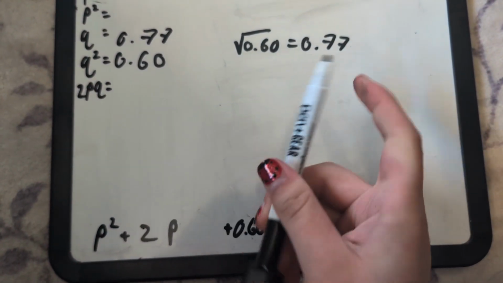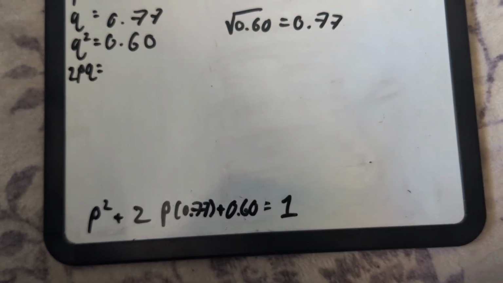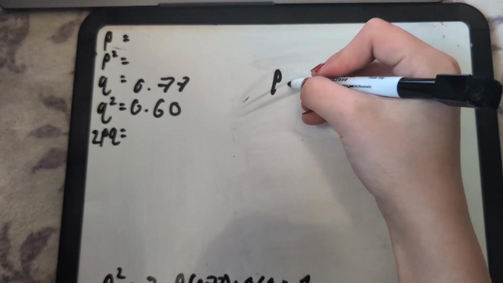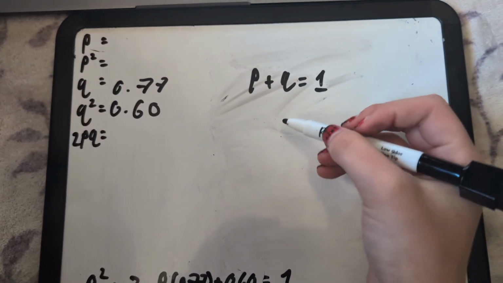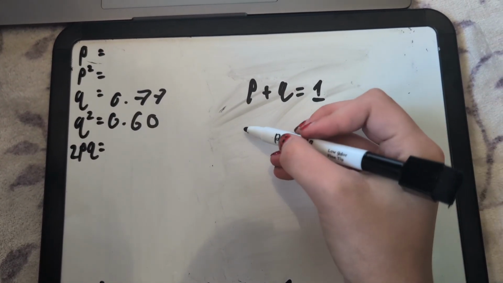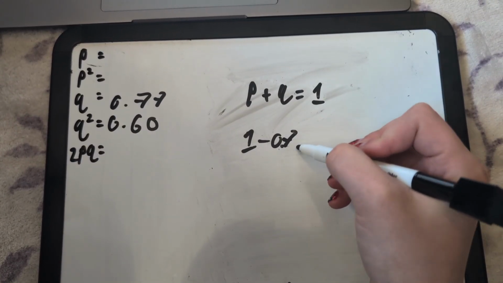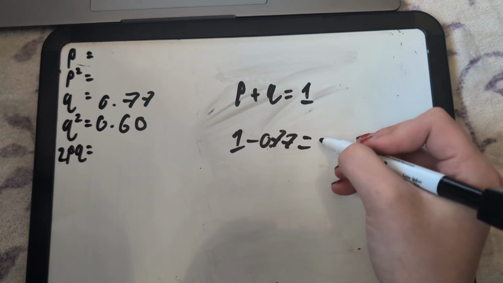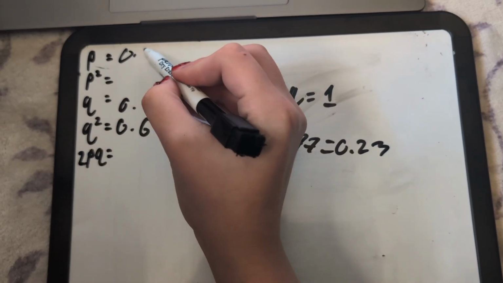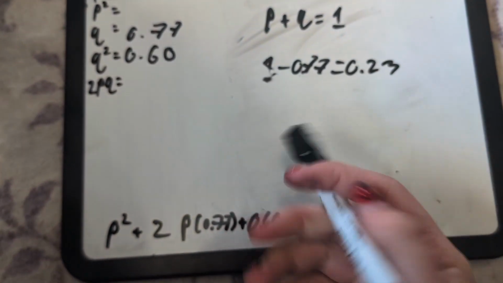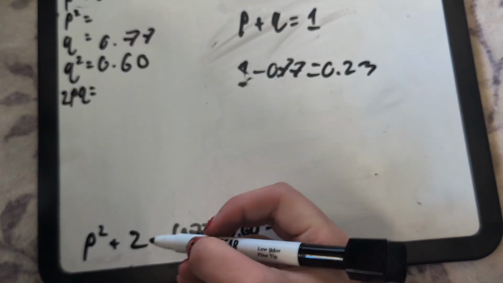It also goes down here in parentheses. Using the previous equation, p plus q equals 1, we can find p by subtracting q from 1. So 1 minus 0.77 is equal to 0.23, which makes p 0.23, which we will also put down here in parentheses.